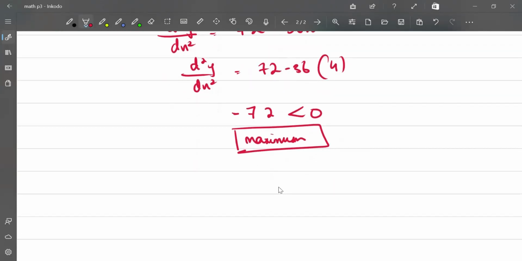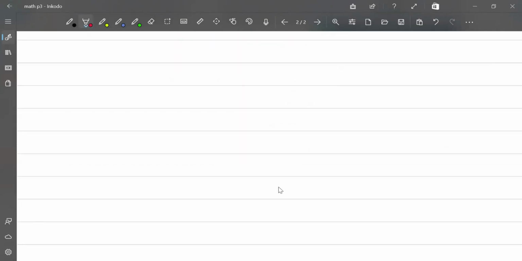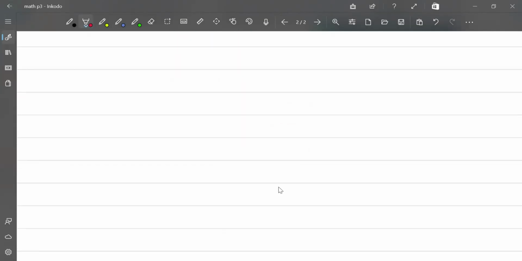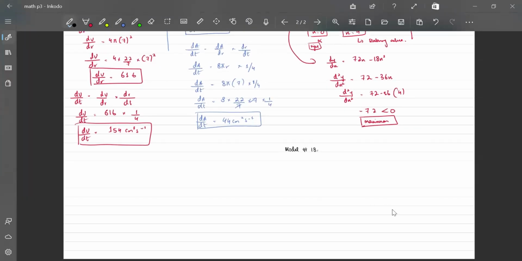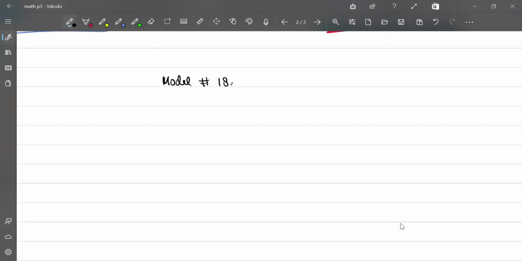So let's move on to another model, model number 18. Now I believe here onwards things are going to get a bit interesting, so you want to pay more attention.